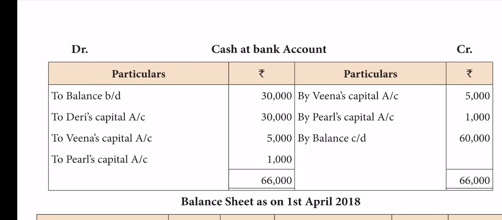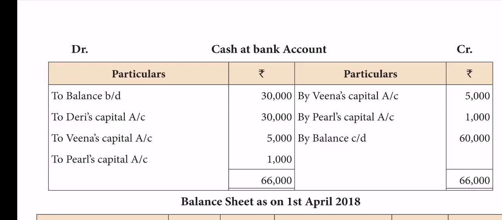Derry's capital 30,000 was brought, and that capital was withdrawn. Balancing, 60 plus 6 plus 6 minus 6 equals 60,000, the final balance carried down as cash balance.